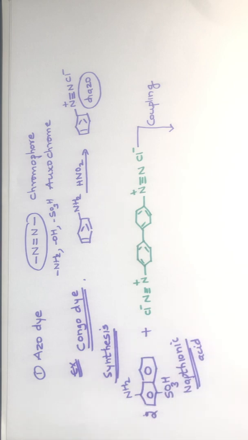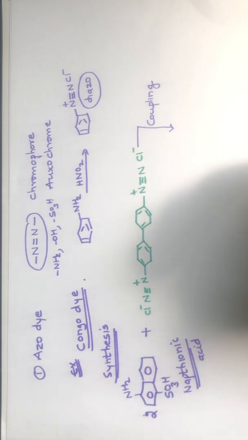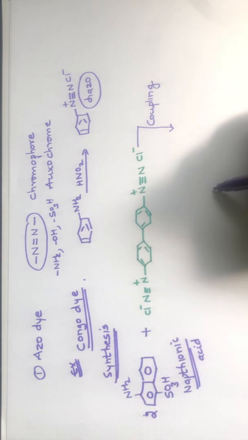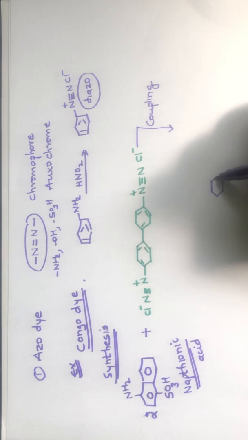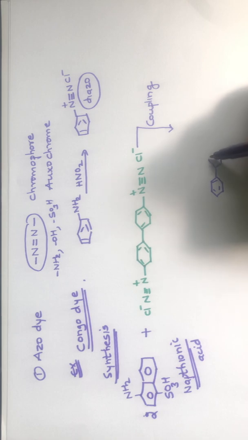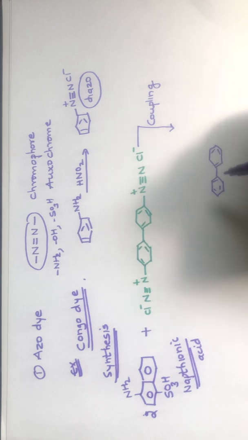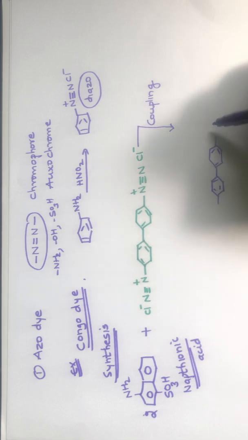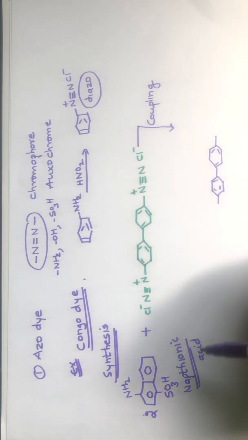So there are two molecules here. I will just write the structures so that you will have an idea. We have two benzene rings, we have nitrogen compounds here.